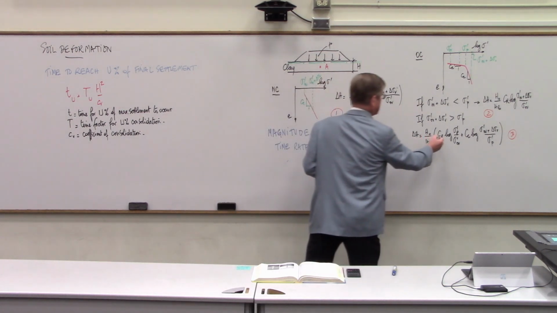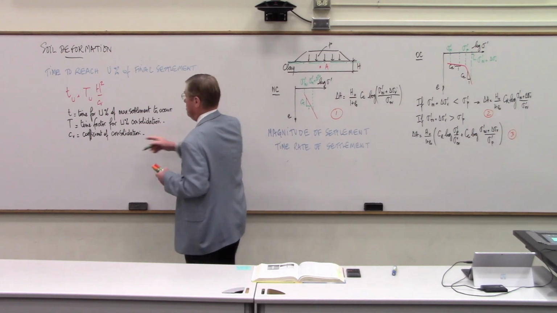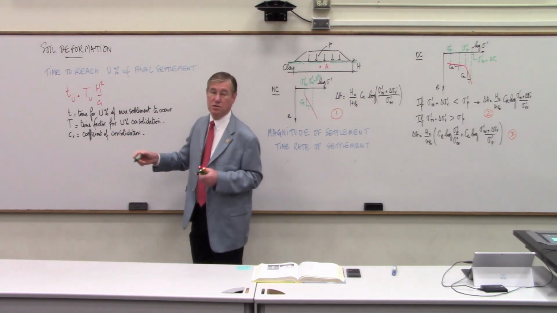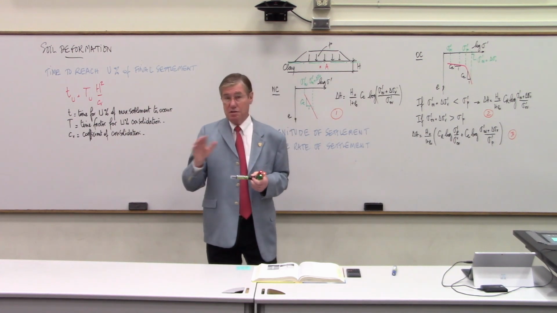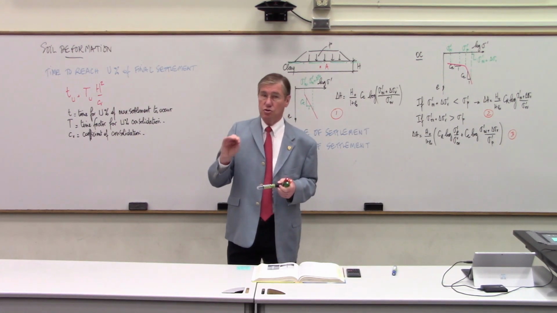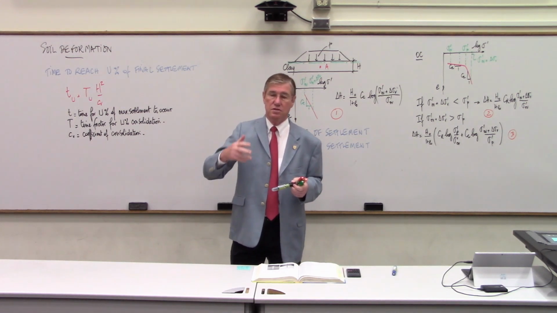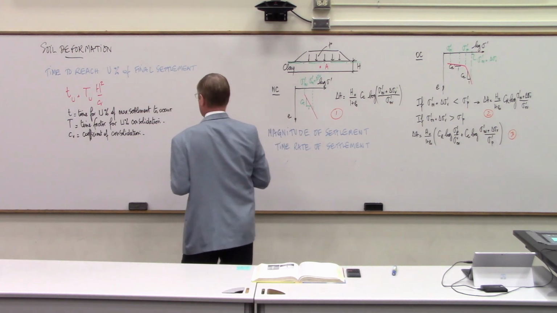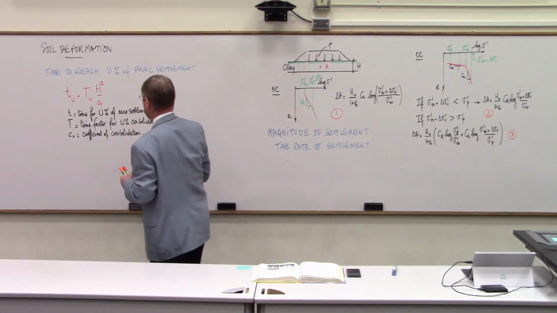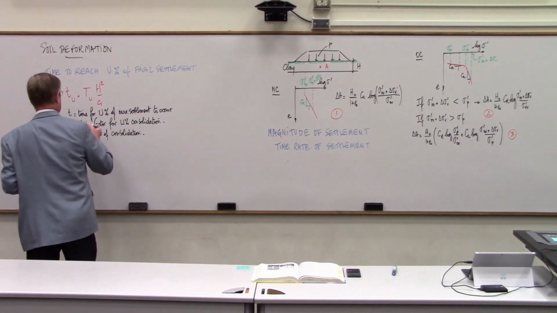We talked about C sub R, recompression index. Now we're talking about the coefficient of consolidation, C sub V. That's a lot of C's, and you're probably going to get this on the final in terms of the short question. What is C sub V, or what is C sub R? And so these three things need to be kept distinct.